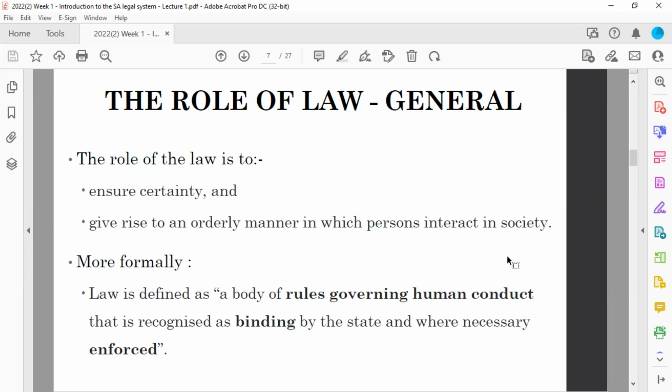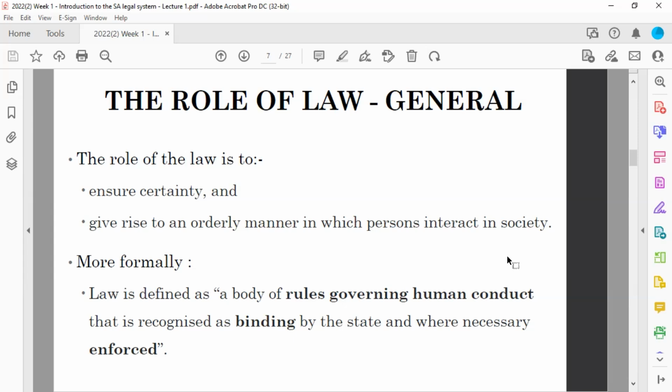So this is a nice point. Usually in a test, I would go for 2 marks: explain to your cousin what the law is. Explain what is meant by the law, right? So what is the law? The law is a body of rules that govern human conduct, right? And that is recognized as binding by the state and, where necessary, enforced. So what does it say? It is a body of rules that govern our interaction with one another.